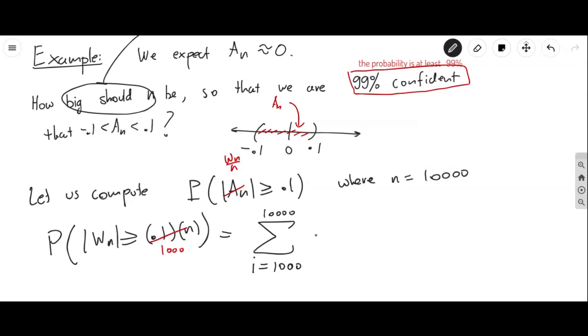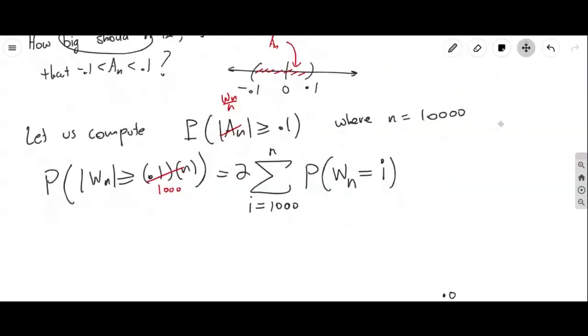Then you sum up all of those probabilities individually, where Wn is equal to this integer i, up to n. And do not forget to multiply this by 2, because we're doing it on one side and the other side. We sum from 1,000 up to n and multiply by 2 sides.